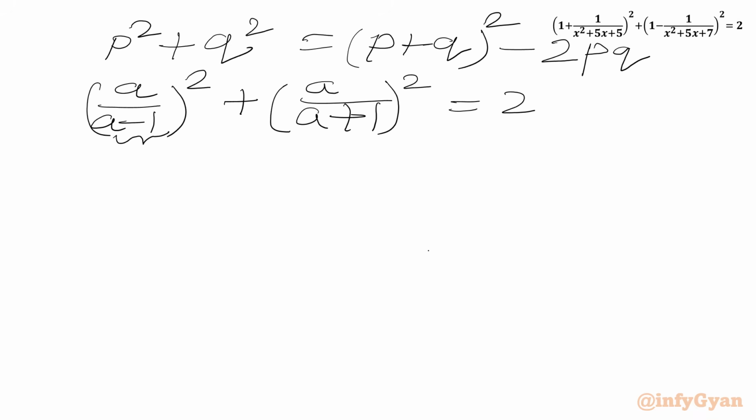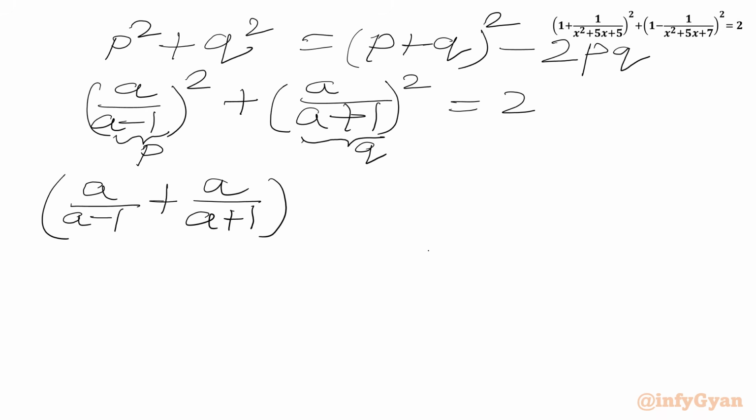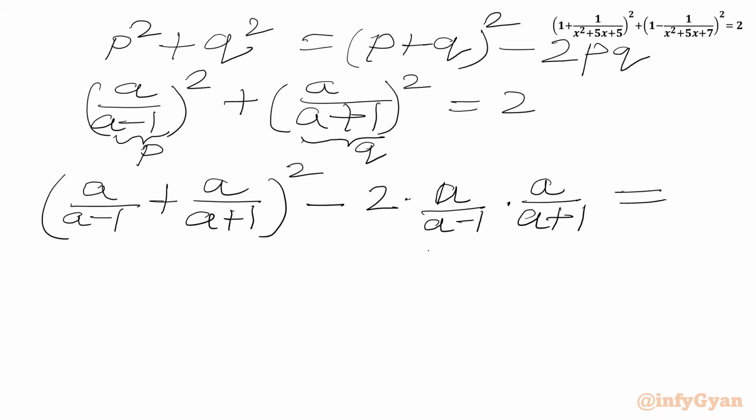So this is our p, a over a minus 1, and this is our q. So we can write our LHS a over a minus 1 plus a over a plus 1 whole square. This is p plus q whole square minus 2pq. So 2 times we will write a over a minus 1 times a over a plus 1, equal to 2. Now we will simplify this bracket.